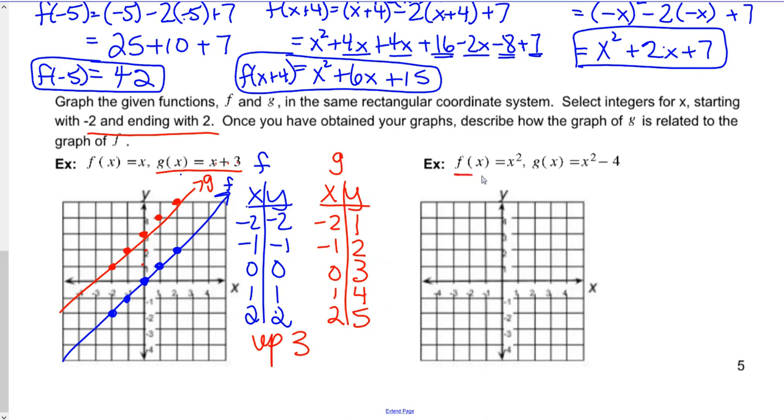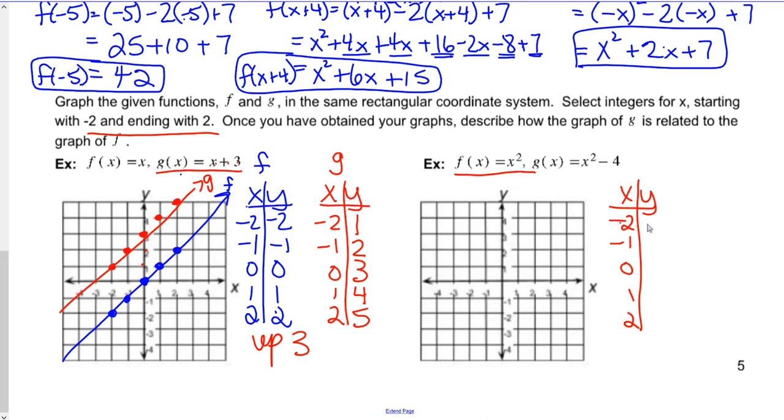Okay, all right, let's try this f function. Let's do a t-chart and start with -2, -1, 0, 1, and 2. And again, we're going to throw those into our f function. And this time the rule says to take my number and square it.